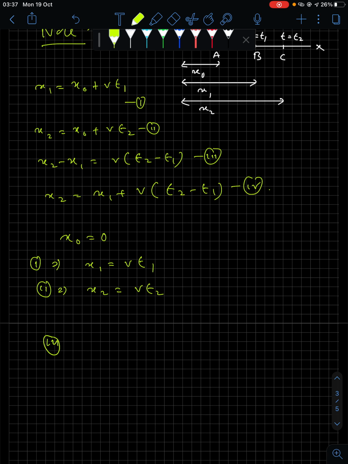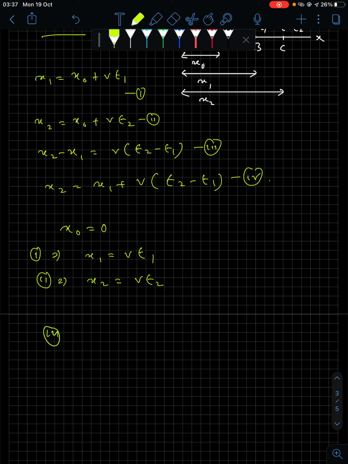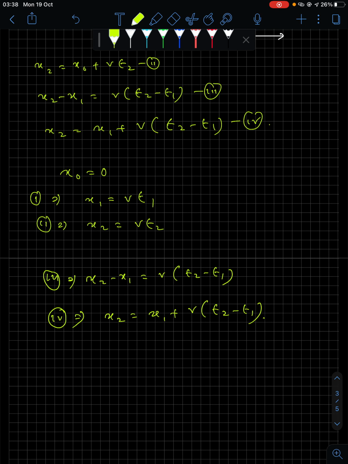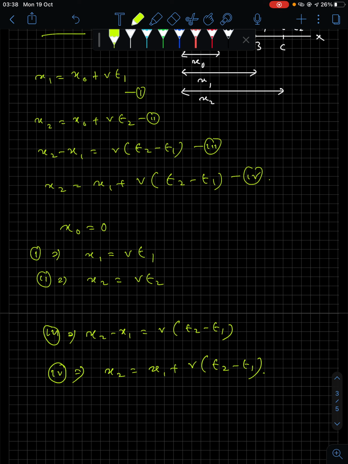Equation 3 would become x2 minus x1 equals v(t2 minus t1). And equation 4 would become x2 equals x1 plus v(t2 minus t1). So when the motion starts from the origin, the formulas for uniform motion will be these four equations.